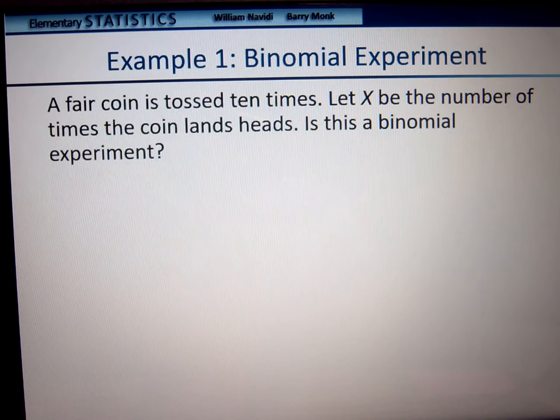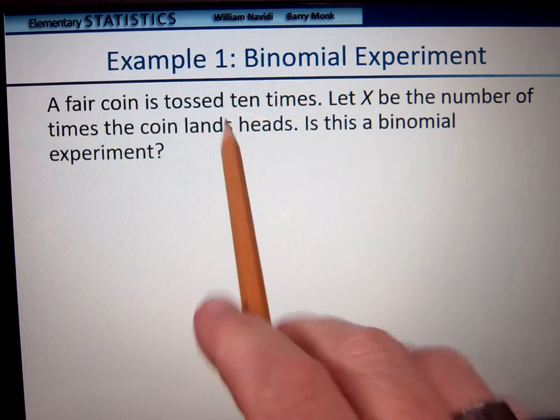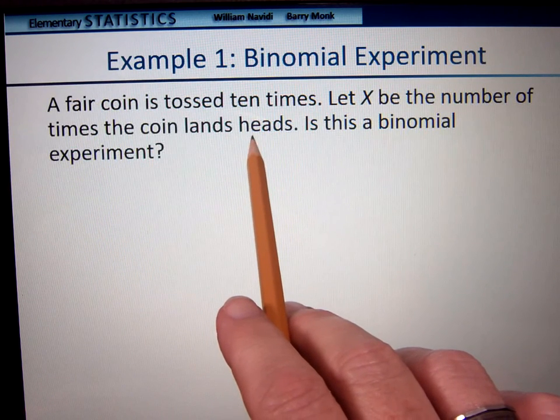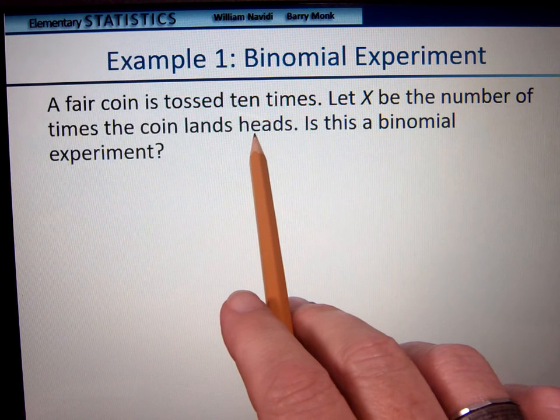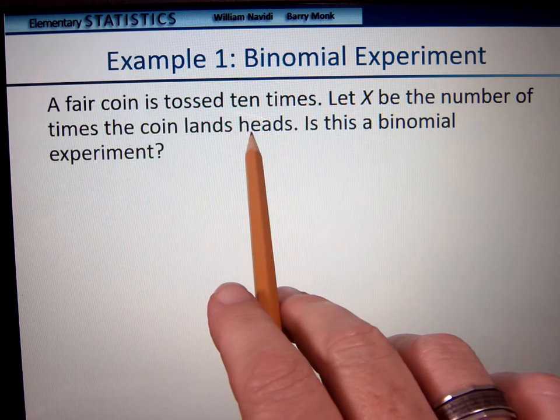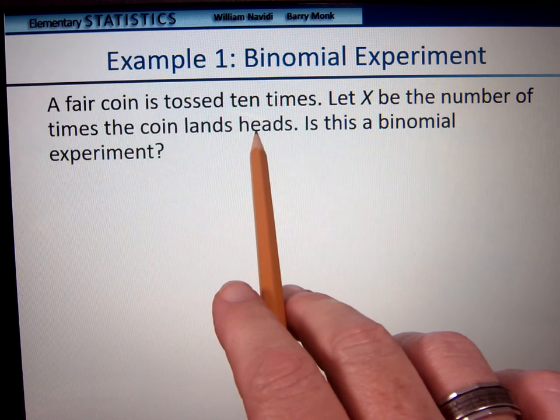A fair coin is tossed 10 times. Let X be the number of times the coin lands heads. Is this a binomial experiment? Well, let's see. We've got our 10 trials. We have our success being heads. And we know the probability, if it's a fair coin, of getting a success for heads would be 1/2.